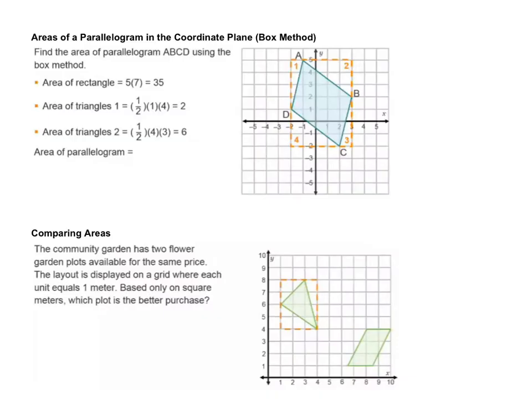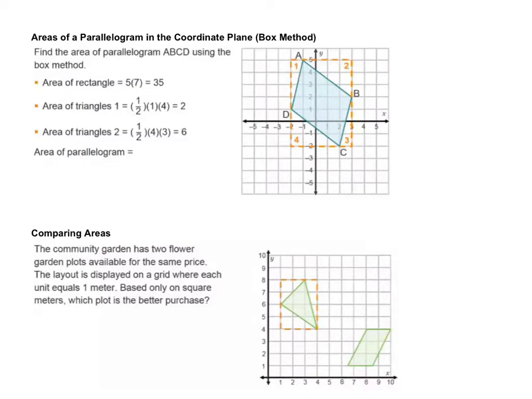Okay, so continuing on with areas of parallelograms in the coordinate plane, we can also do the box method on this one. If you have an irregular shape where it's going to require you to use the distance formula to find all those different lengths, then you can take the big area, the area of this rectangle, and then subtract off the area of these triangles.